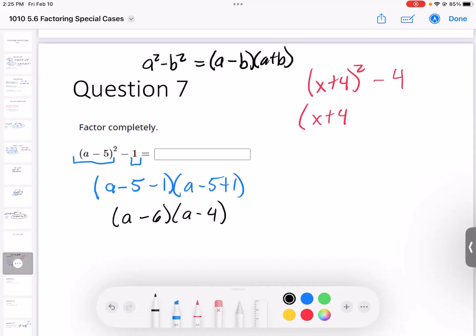So if you had something like this, you would do x plus 4 minus 2 and x plus 4 plus 2. Because you do the square root of 4 to get this number. Does that make sense? It's kind of like you'd say A equals x plus 4 and B equals 2. Because you have this squared and this is 2 squared.